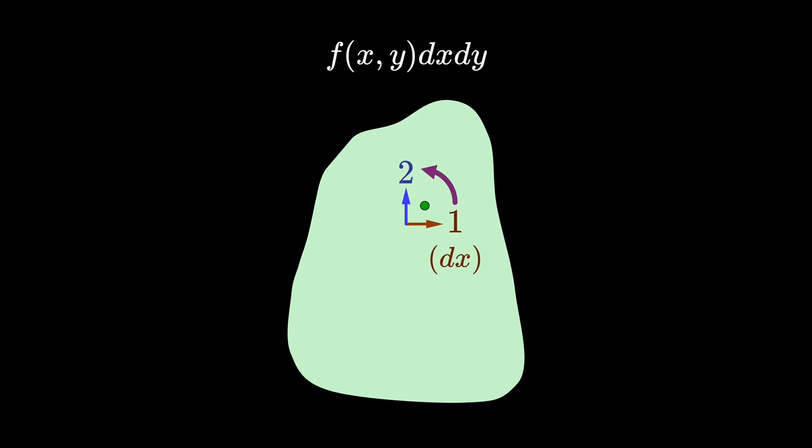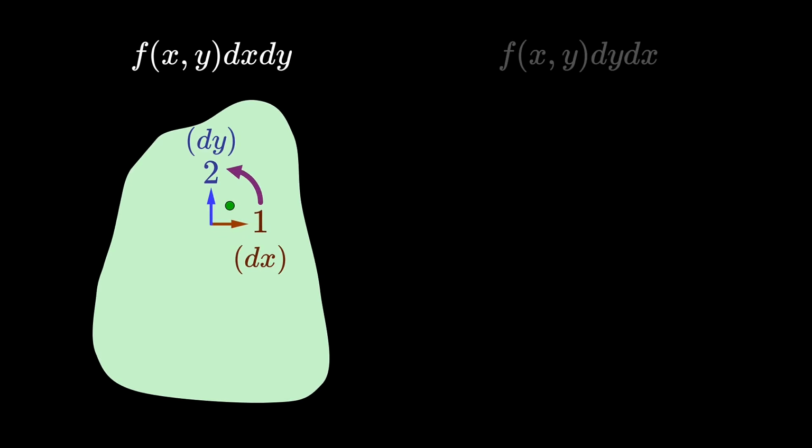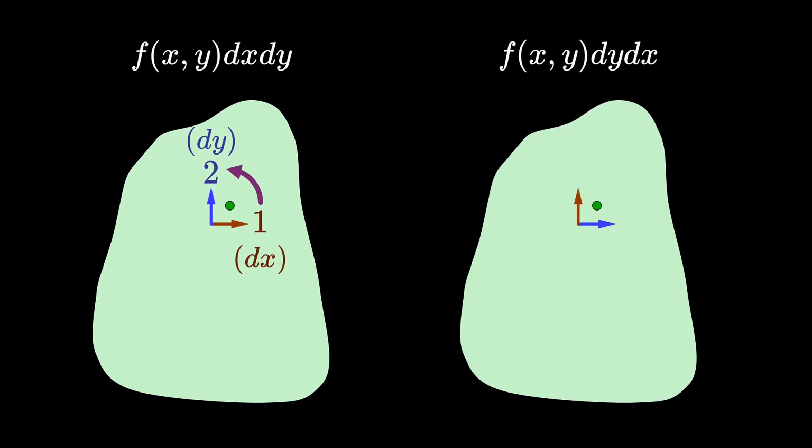Dx is kind of like the first direction, and dy is kind of the second direction. That means f of xy dy dx has the opposite orientation, where the second direction is to the right of the first. So, we actually have dx dy not equal to dy dx, and in fact, dx dy is negative dy dx.